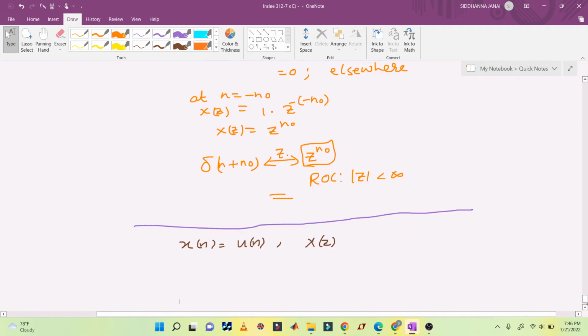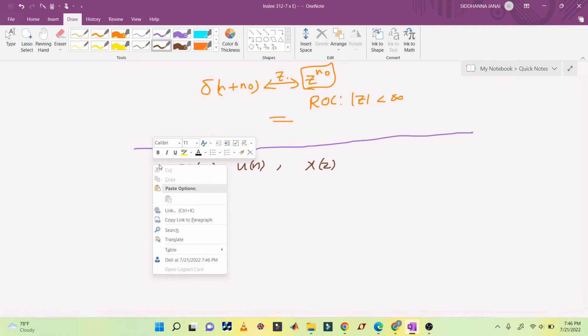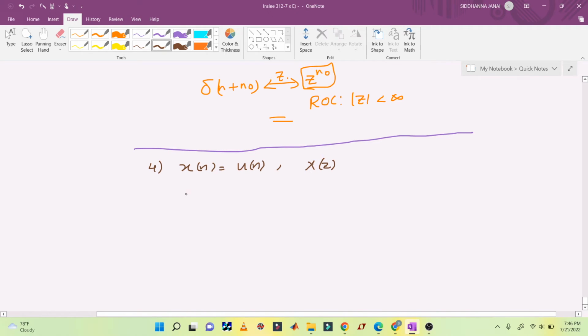Again, the procedure is the same. This is actually our fourth problem, right? So what is x of z? x of z is summation n is equal to minus infinity to plus infinity x of n z power minus n. So for our signal it is summation n is equal to minus infinity to plus infinity u of n z power minus n.